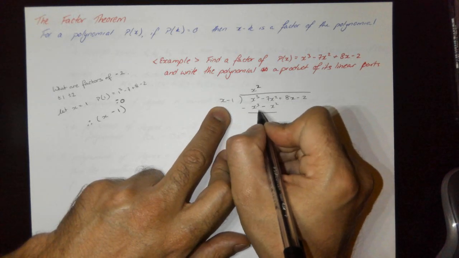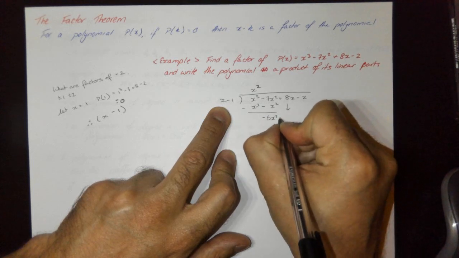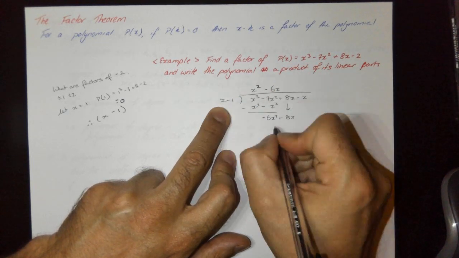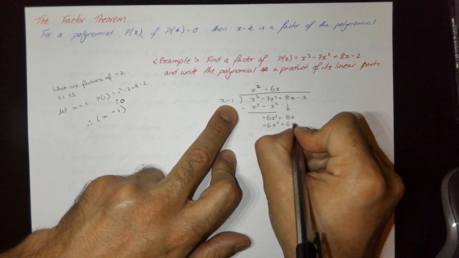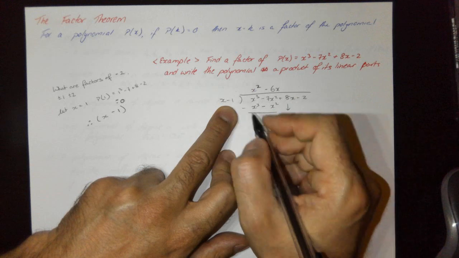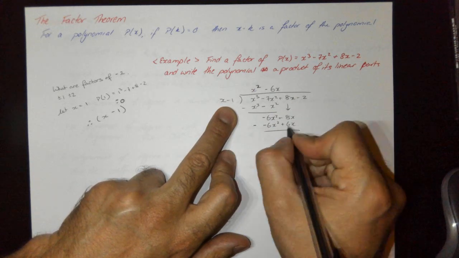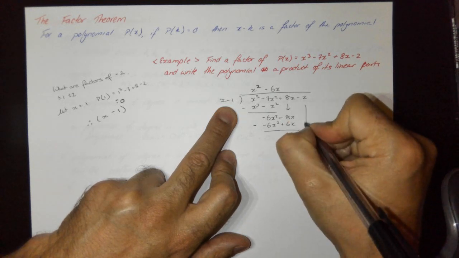Negative 7 plus 1 is negative 6, so negative 6x. Negative 6x squared plus 6x. Now I'm going to subtract those together. That disappears. 8 minus 6 is 2x.